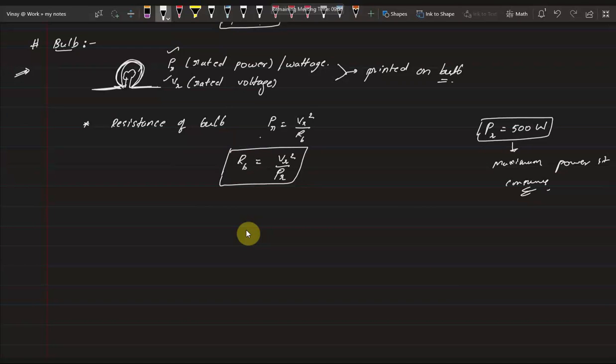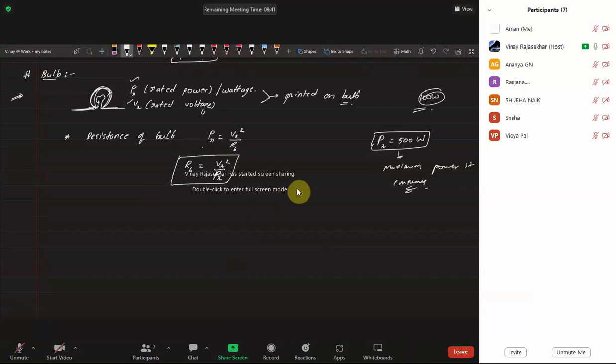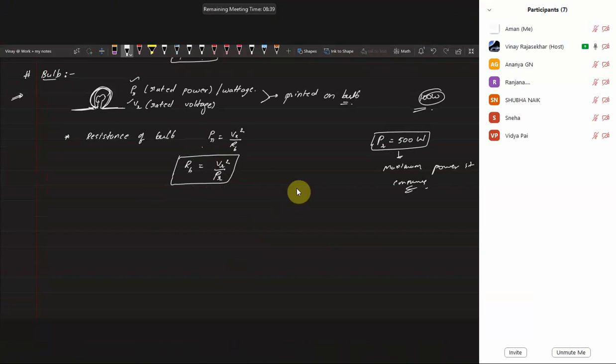What is the rated power? 500 watt means maximum power it consumes is 500 watt. Similarly, what is the meaning of a 100 watt bulb? Maximum power it consumes is 100 watt.